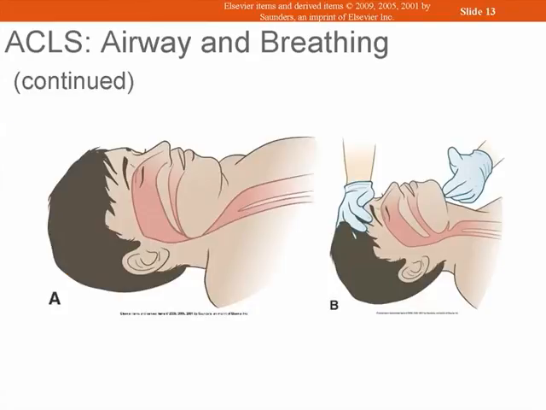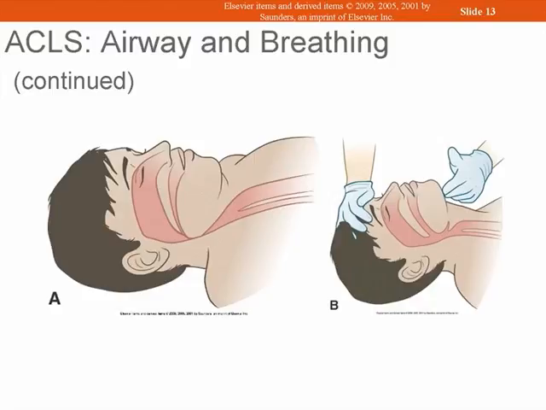So if a patient is laying there in A, representing that with their head straight and the nose is not in a sniffing position, you can see how the airway, the oropharyngeal airway, can be blocked off with an unconscious reaction where total relaxation happens.